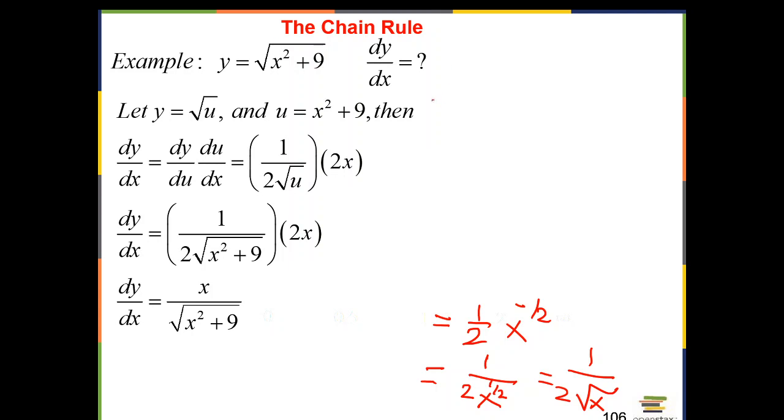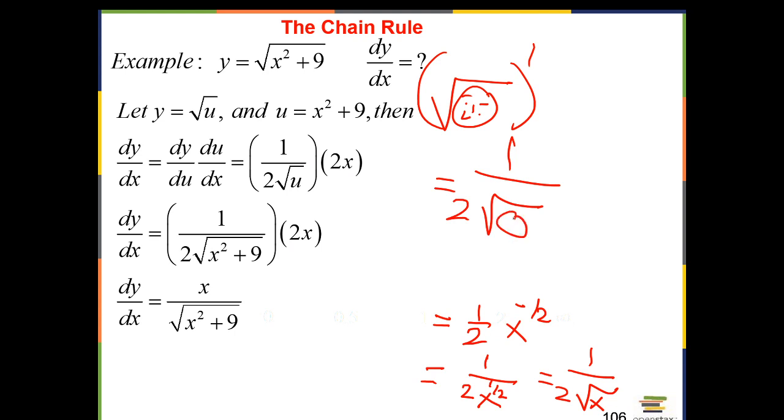So think of derivative of square root of a happy face is what? Is 1 over 2 square root of a happy face, right, times happy face prime, right? It's easier to think of it that way.